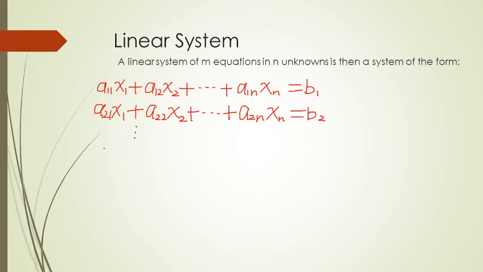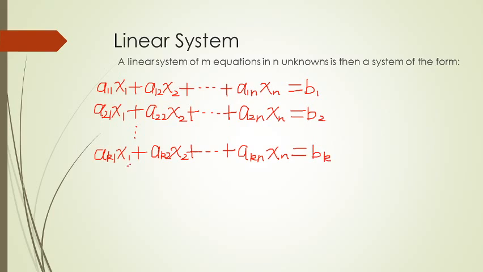And if we have the kth equation, that will be ak1x1 plus ak2x2 plus until aknxn equals bk.